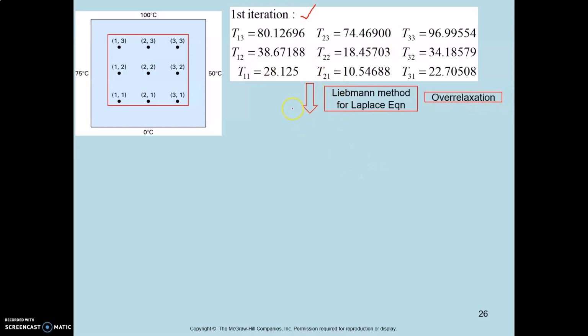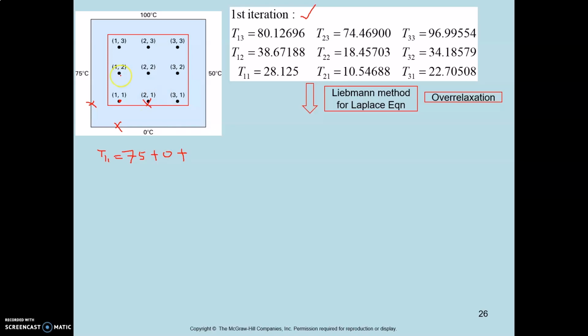If you apply the Liebmann method and also the over relaxation, for example at this point, T11 is equal to, this point is 75, this point is 0.